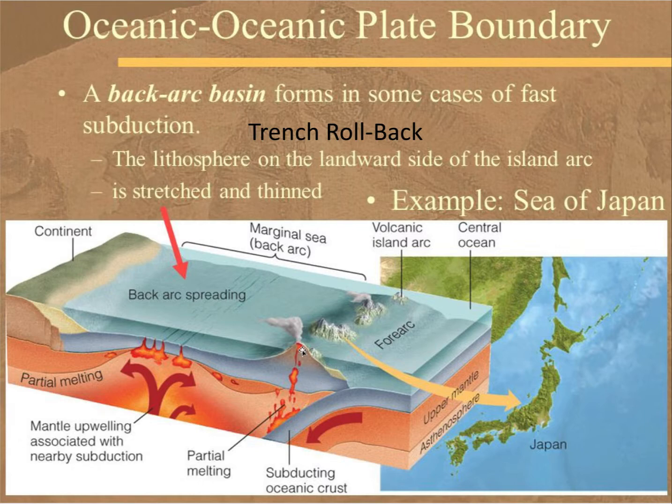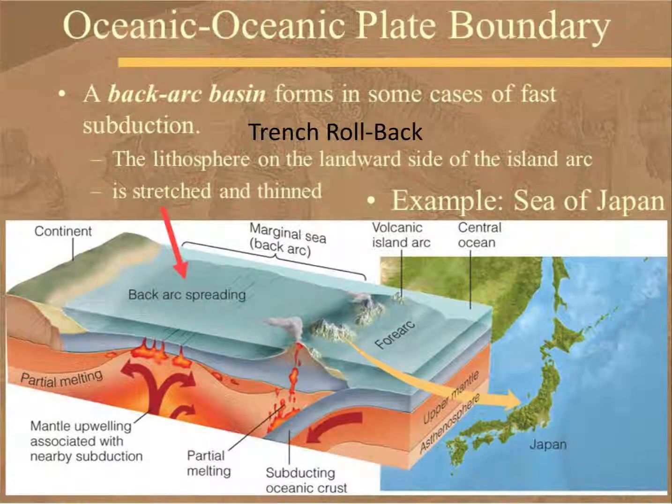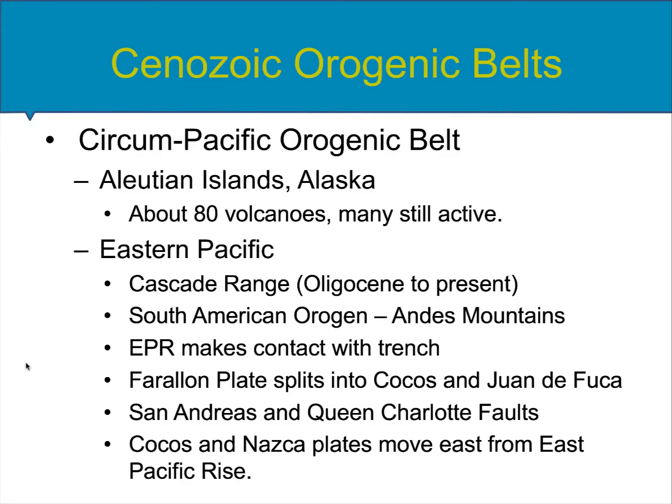It has these big stratovolcanoes like Mount Fuji, and it is an ocean-to-ocean convergent boundary now, and it is an island arc. The other place that has island arcs is the Aleutian Islands. Besides looking at the Aleutians, we'll look at some of the Eastern Pacific. So when I say Eastern Pacific, I'm talking about the Western United States and Western South America.